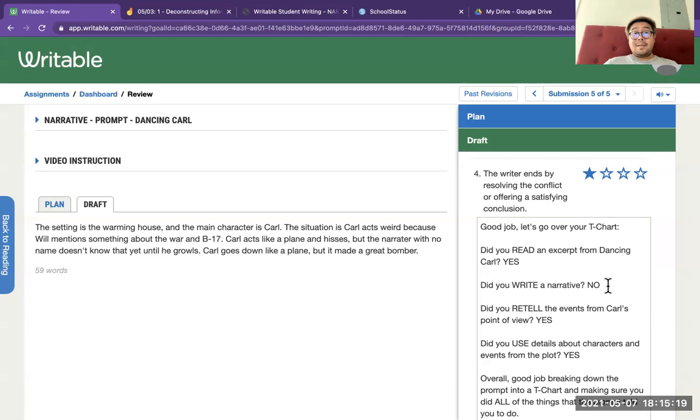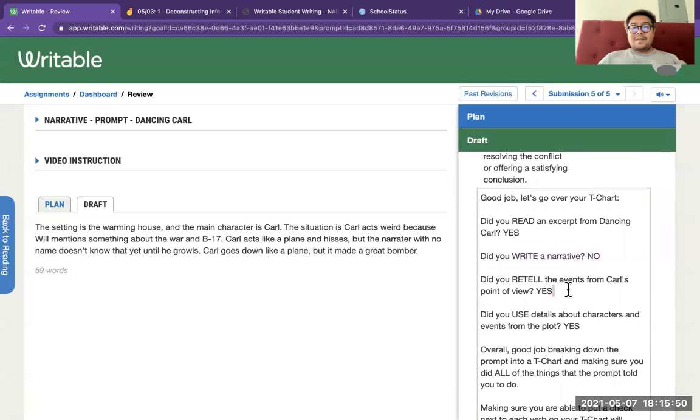And that is informational, not narrative, right? When you're responding to an informational prompt, your purpose as the author is to give information, and that's what this writer did. They wrote the events of the story and described what happened, but they didn't write a story. So they did not write a narrative.